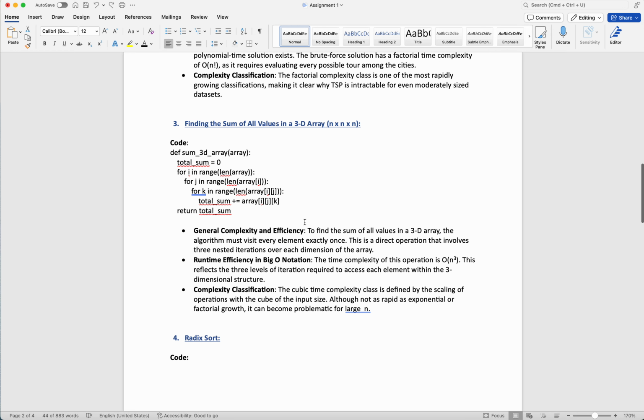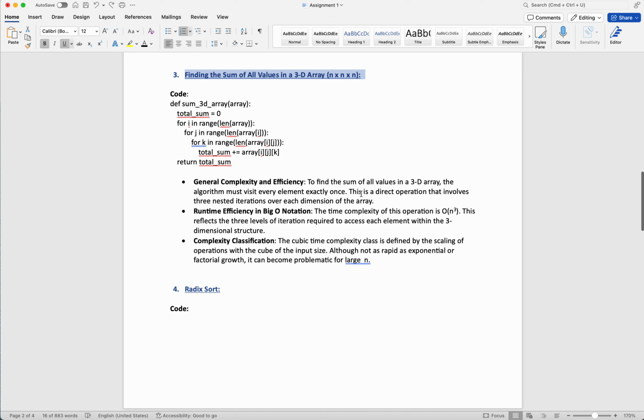The next problem is summing all values in a 3D array. This problem is a very straightforward task. The time complexity is big O of n cubed, which results from three nested loops required to traverse the array.